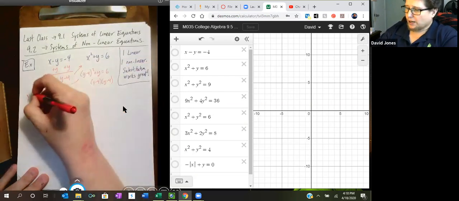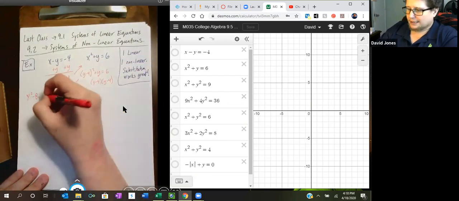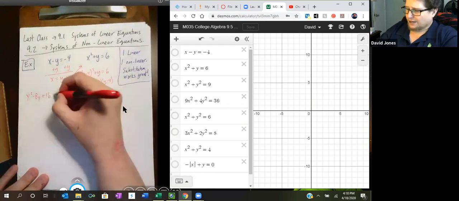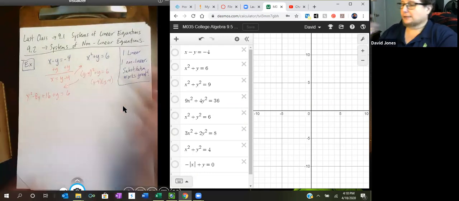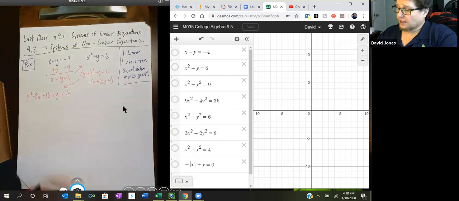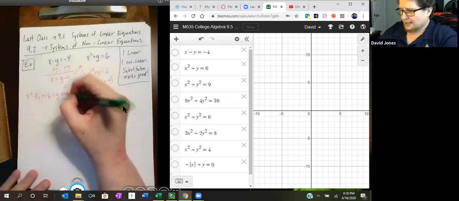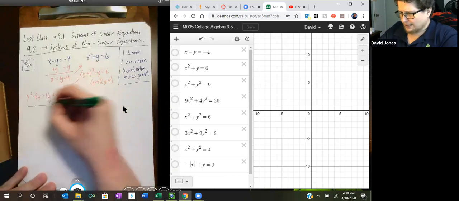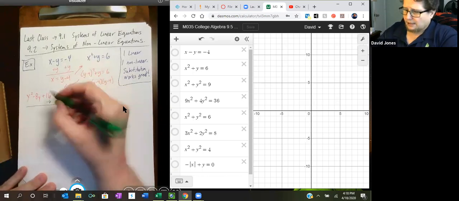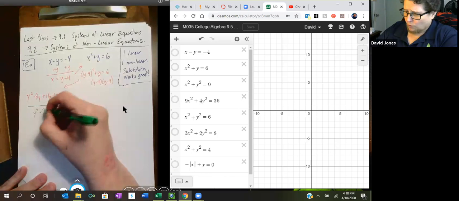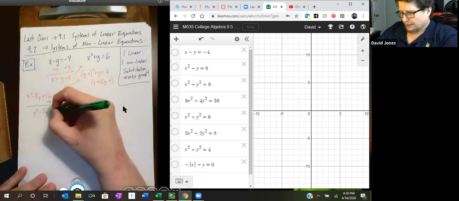We have y squared minus 8y plus 16. I've still got plus y equals 6. I'll subtract 6 from both sides and combine y's in the same step. Get y squared minus 7y plus 10.